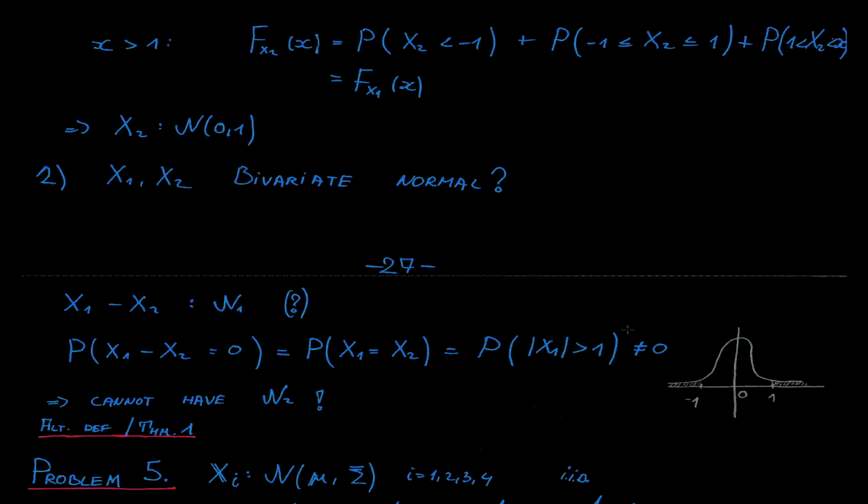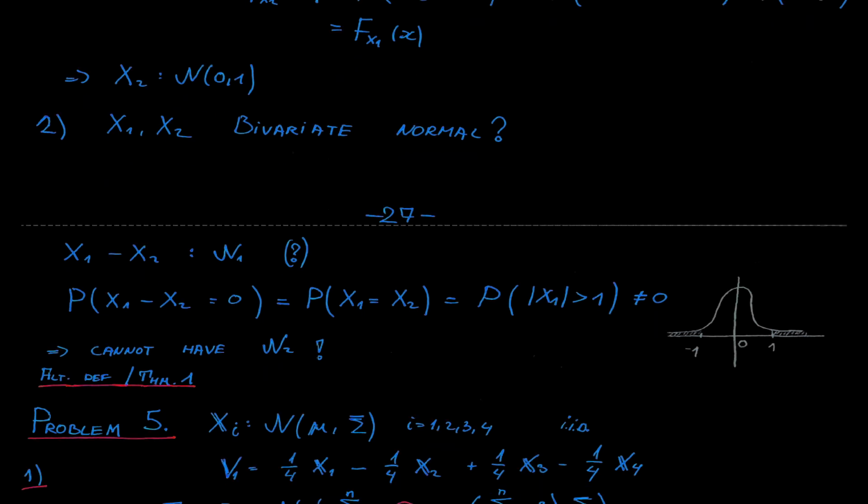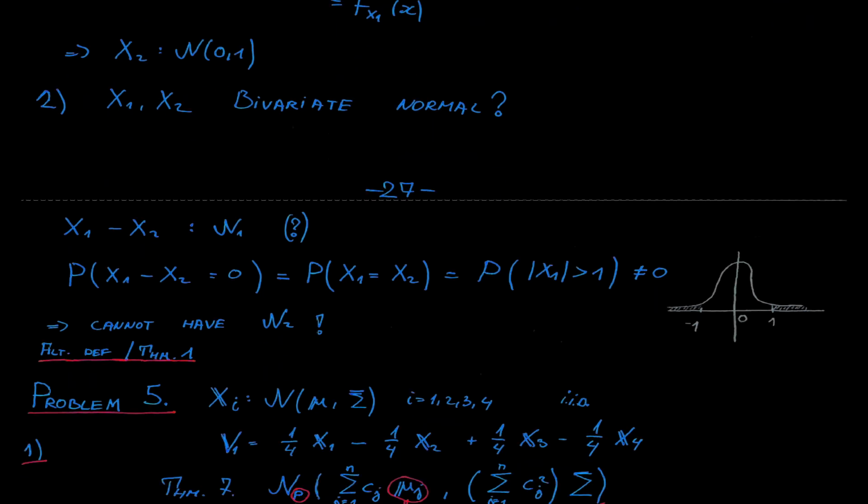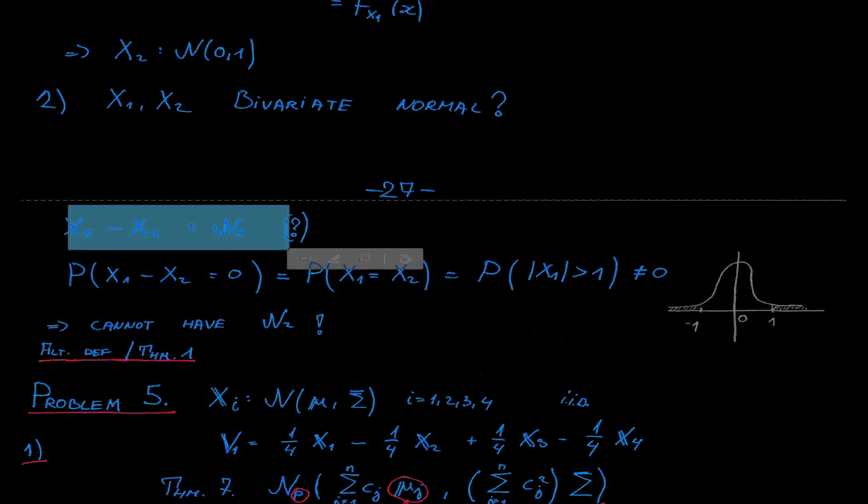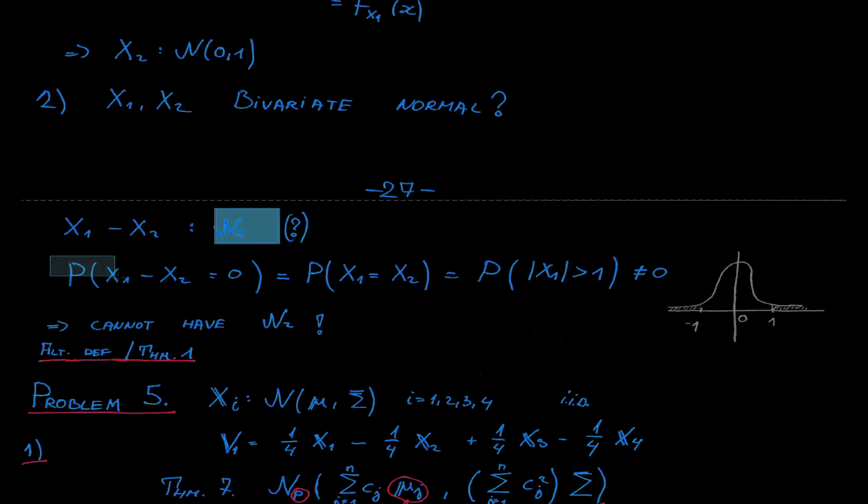The exact probability can be computed, as this is a standard normal distribution, so either use software or a table. So it cannot have a bivariate normal distribution because of the alternative definition. So again, if it was a normal distribution, then this probability would have to be 0.